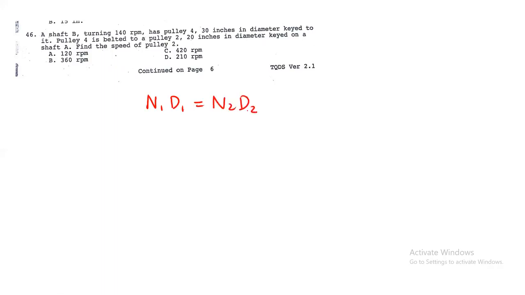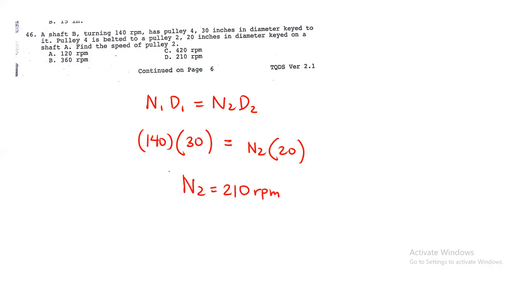So, 140 times 30 inches is equal to N2 times 20 inches. We get N2 as 210 RPM. So, that's it already. Letter D. So, next.